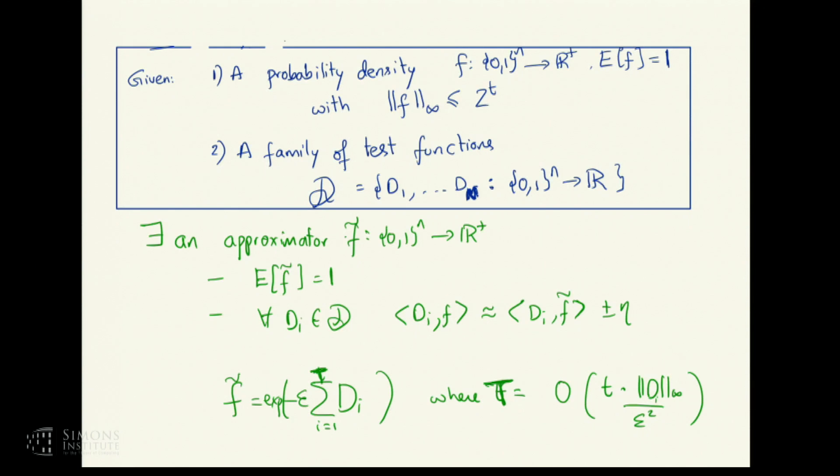So the function looks like a normalization factor times an exponential of a sum of a bunch of d_i's, and the number of d_i's you use is this much. Yeah, so where does the approximation error come in? Oh, sorry, I'm making mistakes. Thanks. Yeah, this is eta squared.